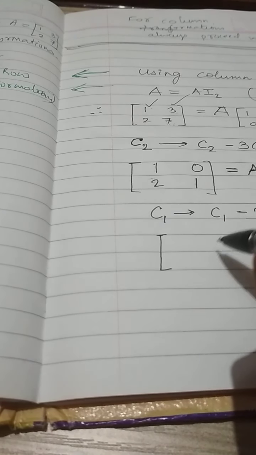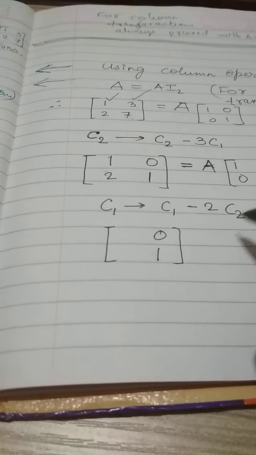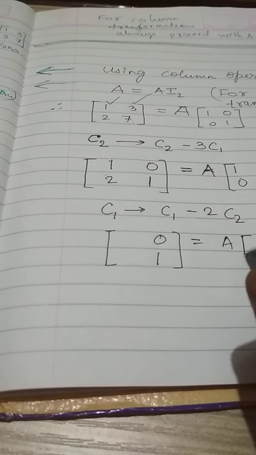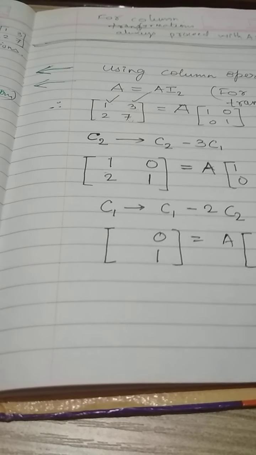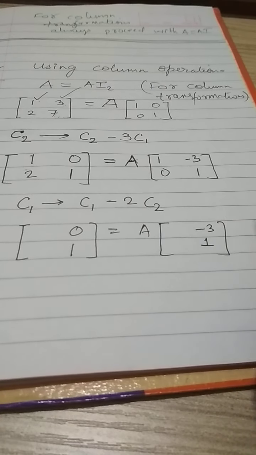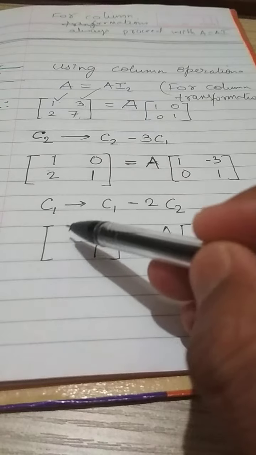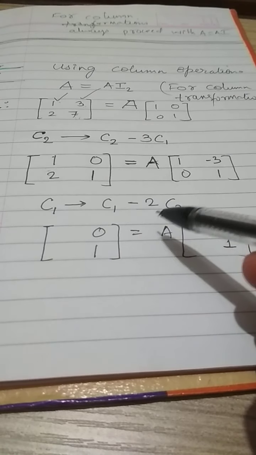Now C1 is undergoing the change, but C2 is as it is. So I write C2 as it is, and C1 is changing: C1 minus 2 times C2.